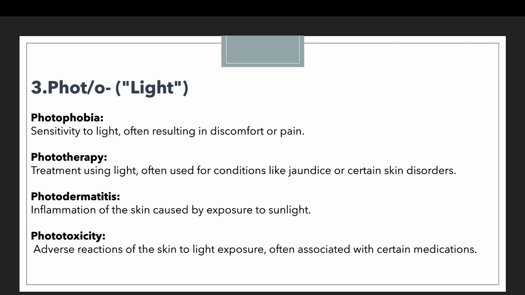Then we have phototoxicity. Now what is phototoxicity? Adverse reactions of the skin to light exposure. Okay. Now this is again related to a patient who is facing photophobia or any disease related to photo. So in that case, adverse reaction of the skin to light exposure is often associated with certain medication. So this is also related to photophobia somewhere.